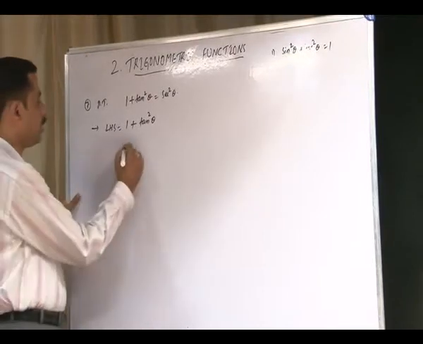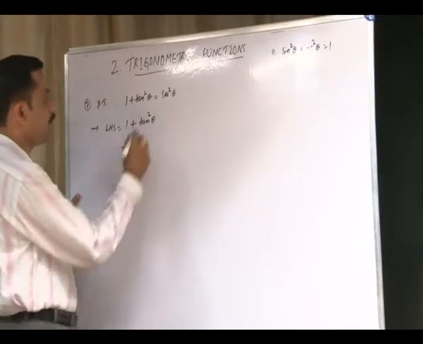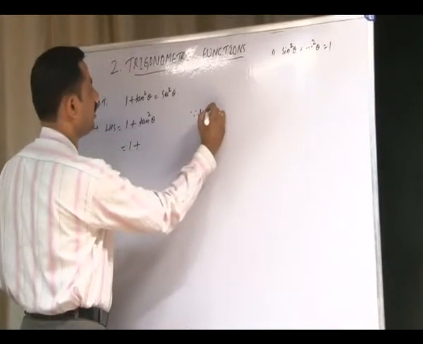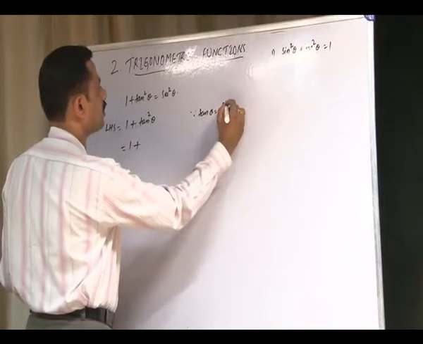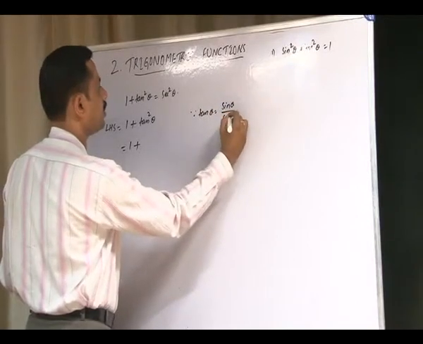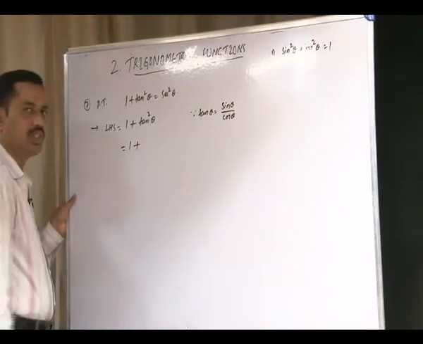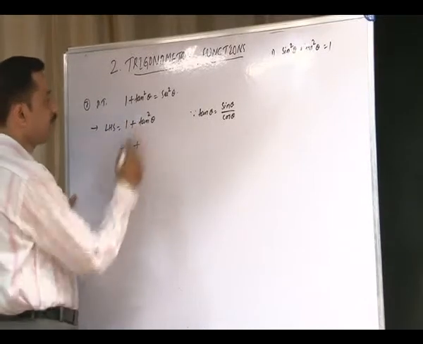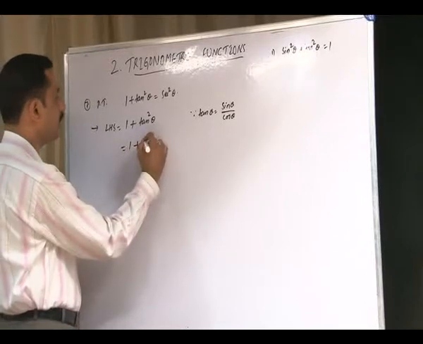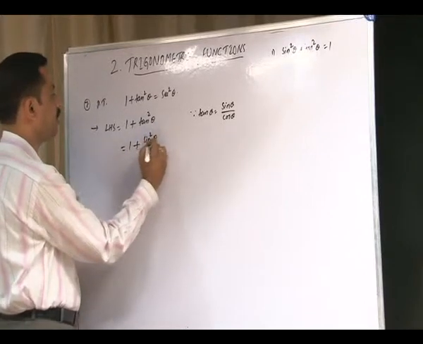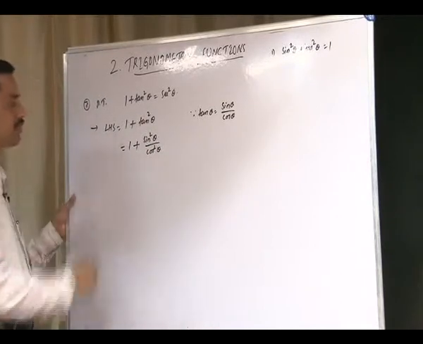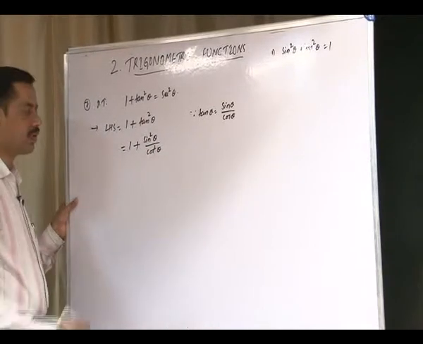Since we know that tan theta is equal to sin theta divided by cos theta, we know that quotient relation, that is tan theta is equal to sin theta by cos theta. So, if we substitute here, then tan square theta can be written as sin square theta divided by cos square theta. So, I will get 1 plus sin square theta divided by cos square theta.